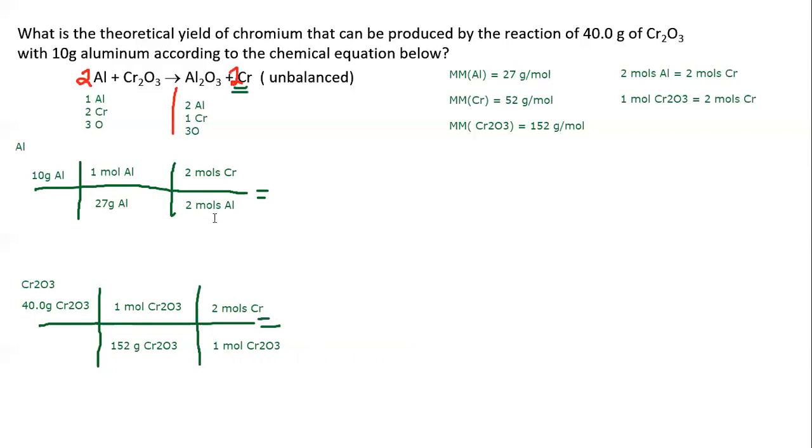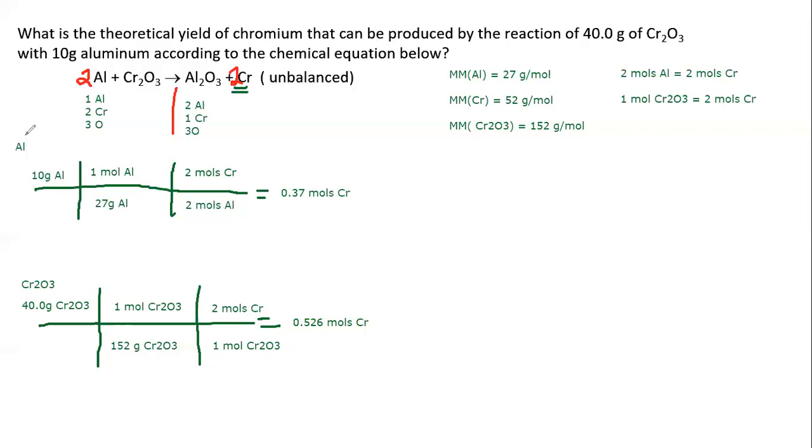So now we have our equation set up. We can solve for the moles of product produced by each reactant. And so you'll notice here that aluminum forms the fewer moles of product.